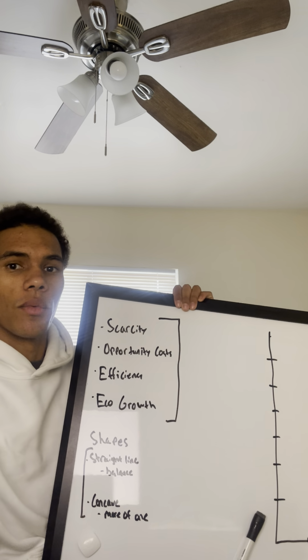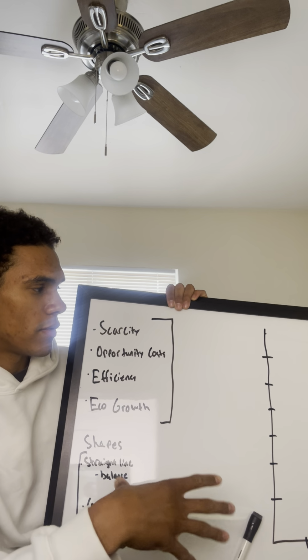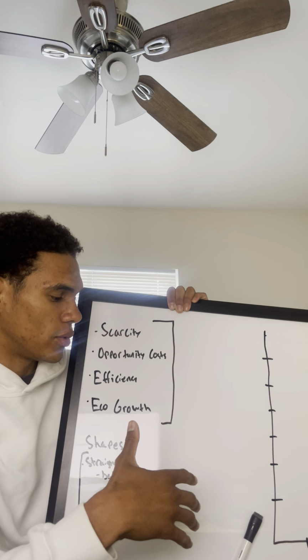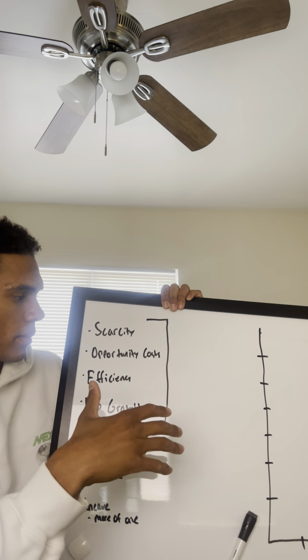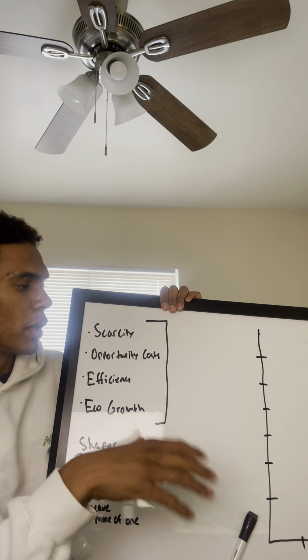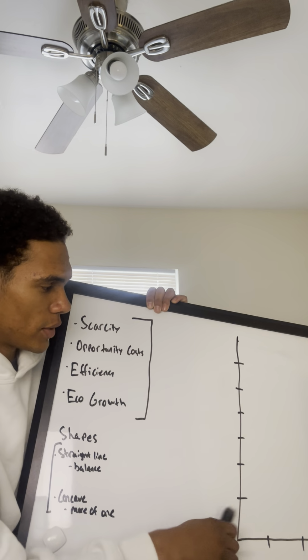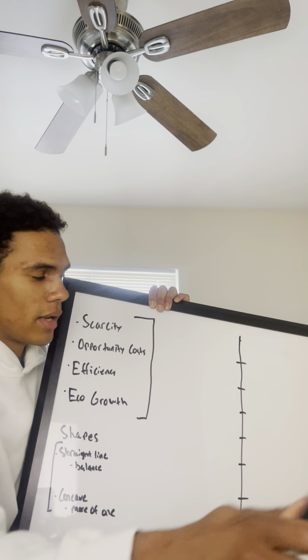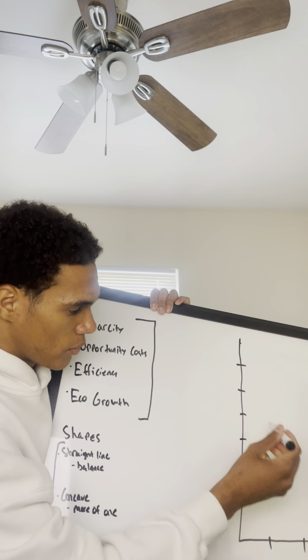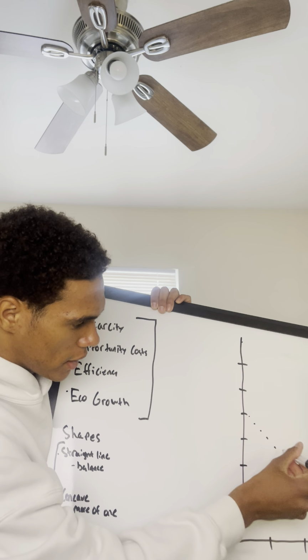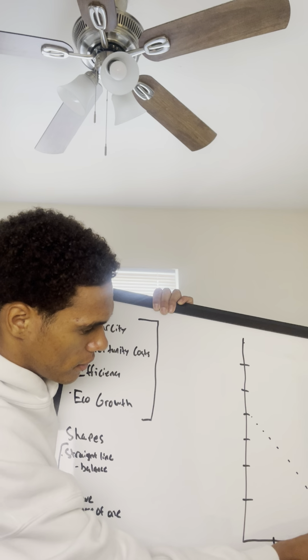Scarcity, right? There's only so many resources for us to allocate, and we have to learn how to budget those efficiently. So are we maximizing our resources? Imagine if I have my line right here. I'm not going to draw an even line at all.